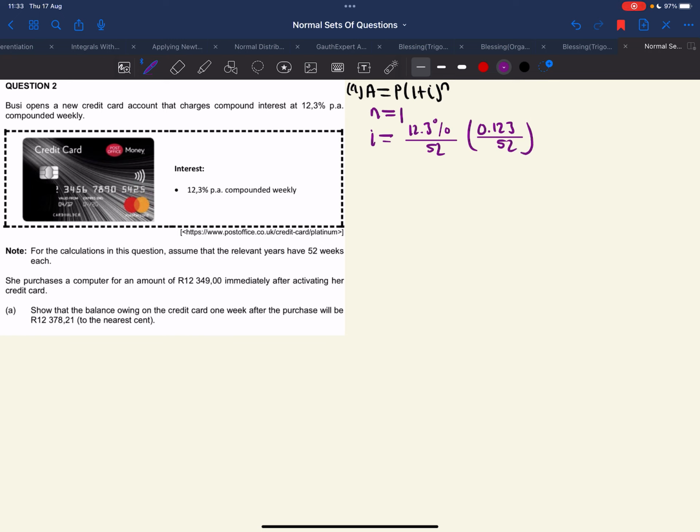And then we know that our initial investment is given as 12,349.00. So we can now use that information to calculate, or to prove, the amount that we are given in the question. So let's just do that now. We're gonna say A equals 12,349 open bracket 1 plus 0.123 all over 52 close bracket.